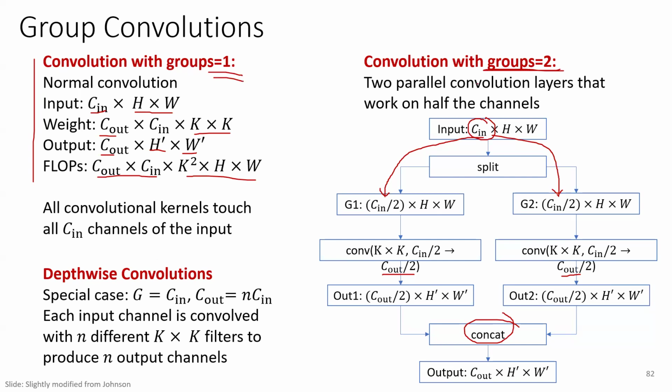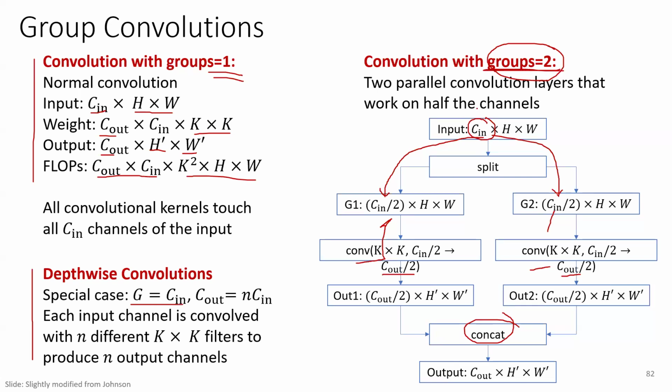But if you have two groups, these convolution kernels only touch these C in divided by two channels, and these only touch the other C in divided by two channels. So that's the change. But there is a thing called depth-wise convolution. This is very important to remember and understand. You have number of groups equal to number of input channels.